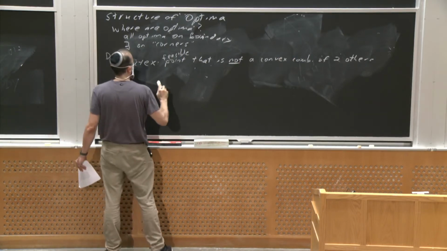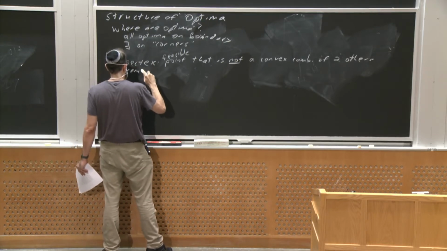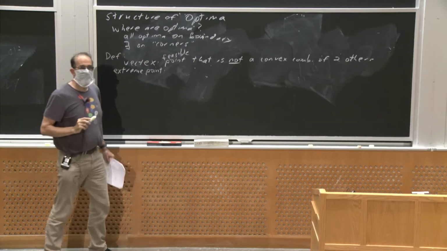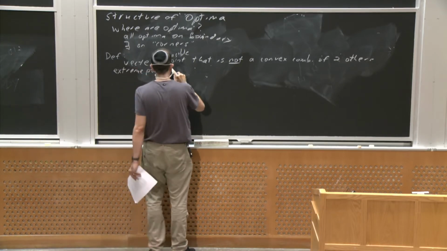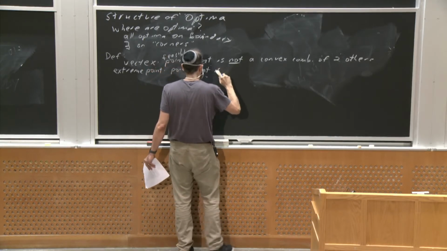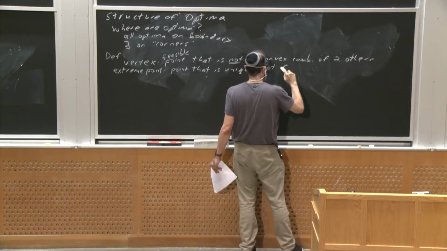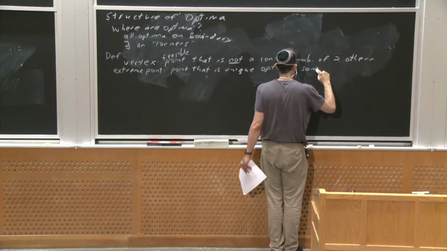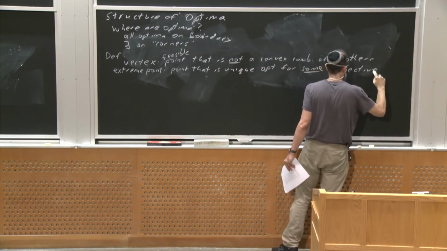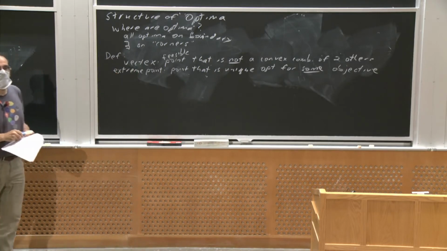Now, another definition that's interesting is what's called an extreme point, which is a point that is the unique optimum for some objective. Okay.